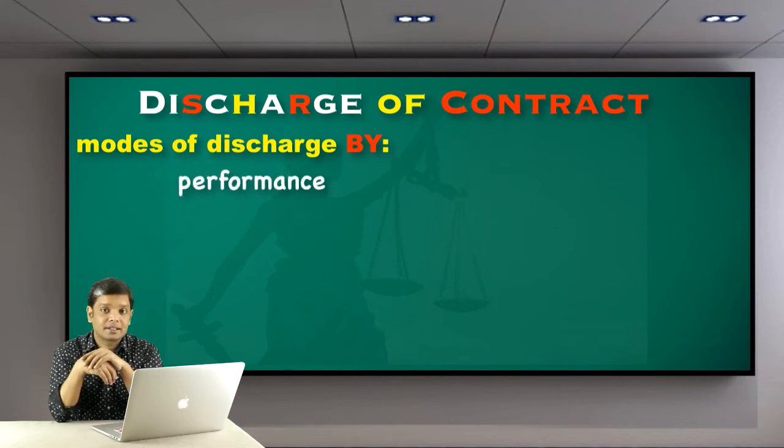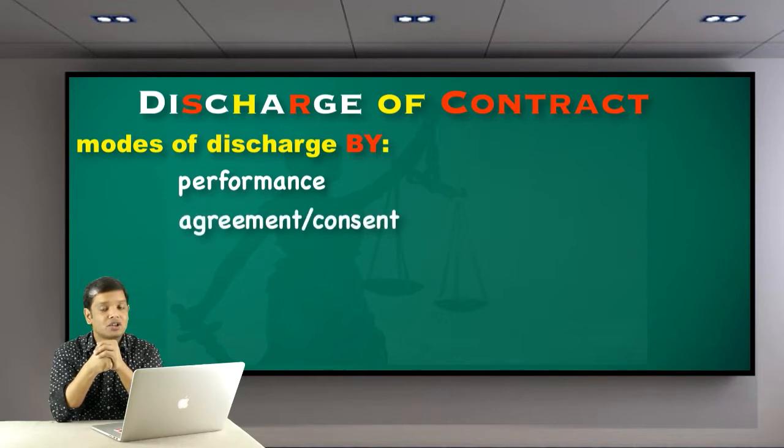By performance, that is a universal kind of mode to discharge the contract because it is made with the purpose to perform, isn't it? So the first one is performance, the second one is by agreement or consent. We will see what is the meaning of agreement or consent.